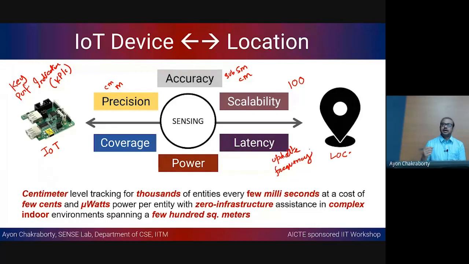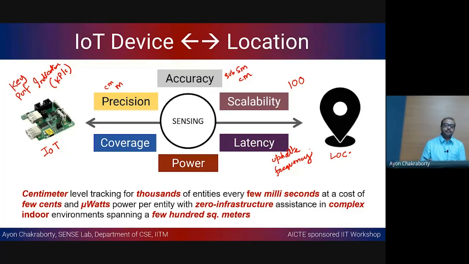If our application requires updates every few milliseconds, and at the same time we expect the scale of the system to be thousands of devices, we have to figure out the right trade off, because we cannot have the best of all the different KPIs simultaneously, and that is what I have written in the following sentence. So this is basically a holy grail. It's very difficult to achieve something like this.